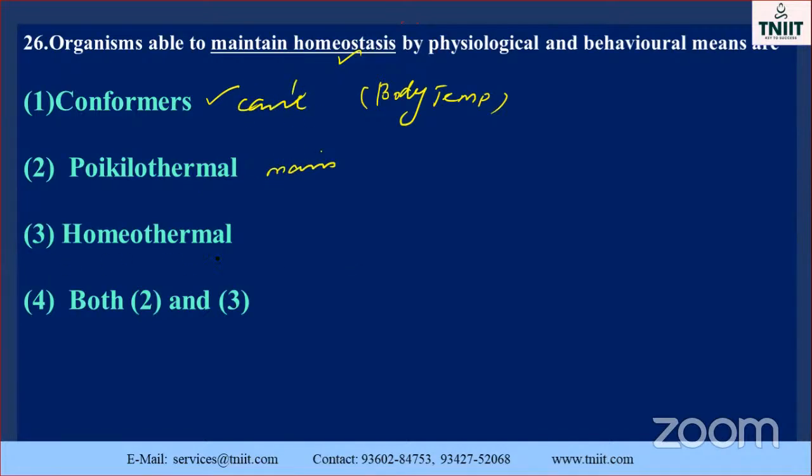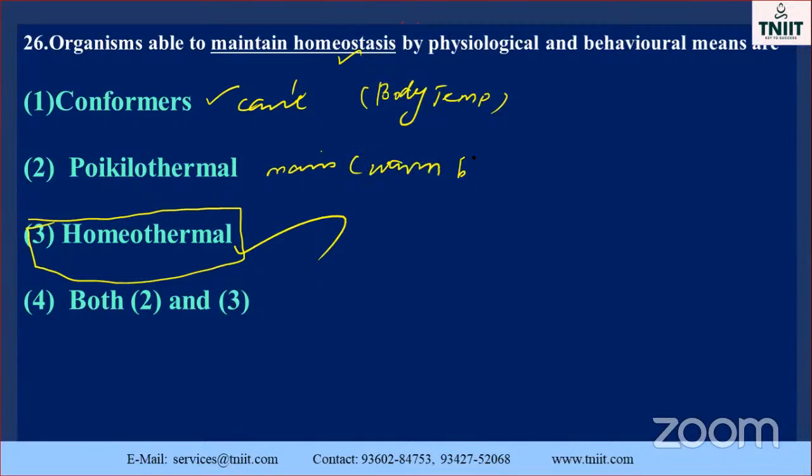And homeothermal means they maintain homeostasis, and internal body temperature can be maintained. This is called a warm-blooded animal. The last one will not come. So the third one is the correct answer.